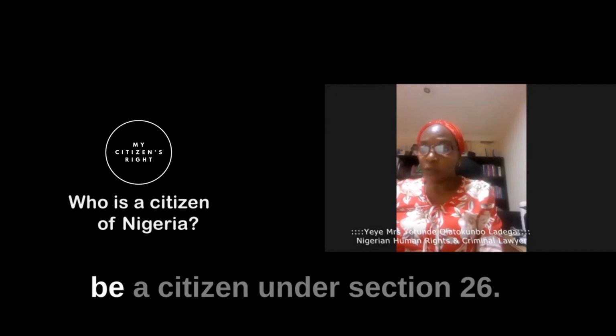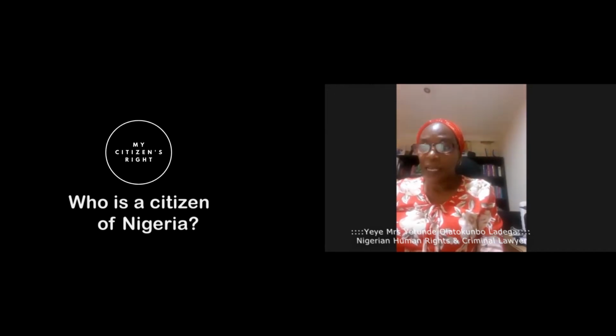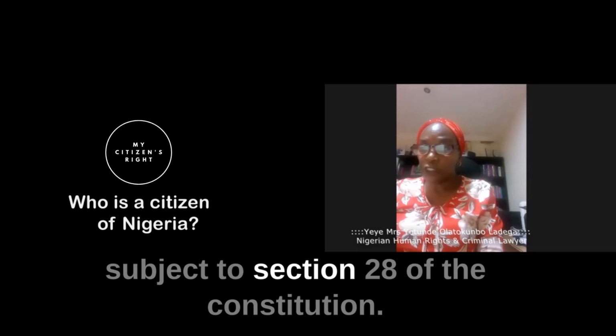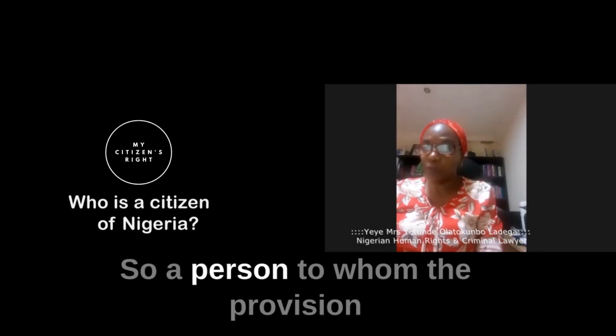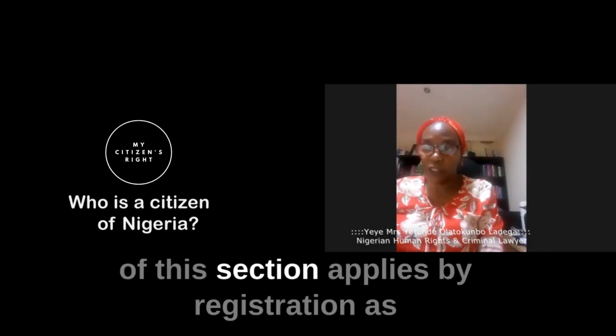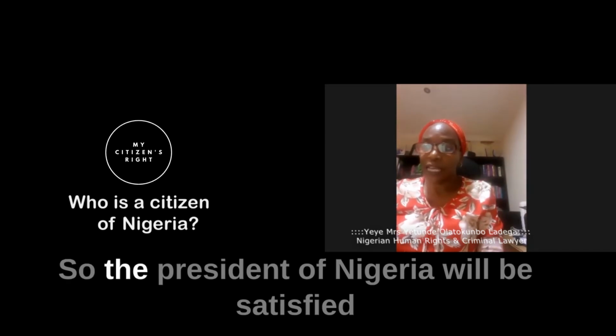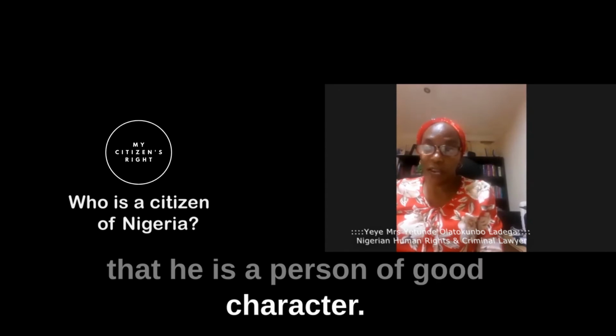Then you can also be a citizen under Section 26, and that is by registration, which is subject to Section 28 of the Constitution. It applies to a person who seeks registration as a citizen of Nigeria, and there are conditions. One, the President of Nigeria must be satisfied that he is a person of good character.